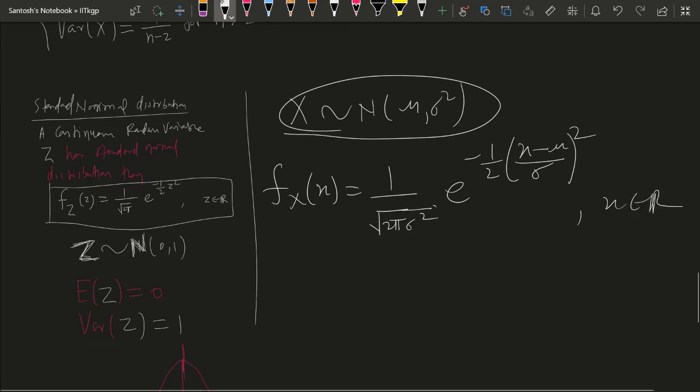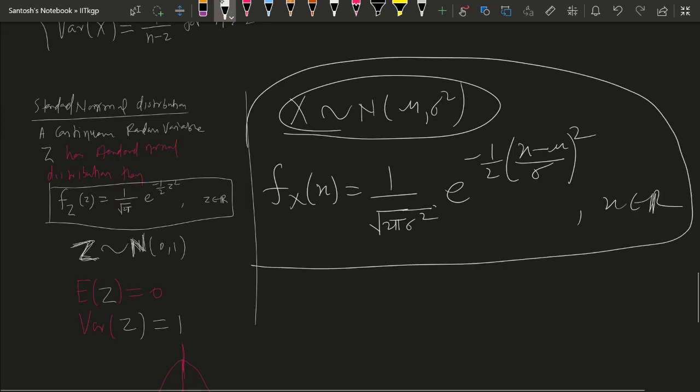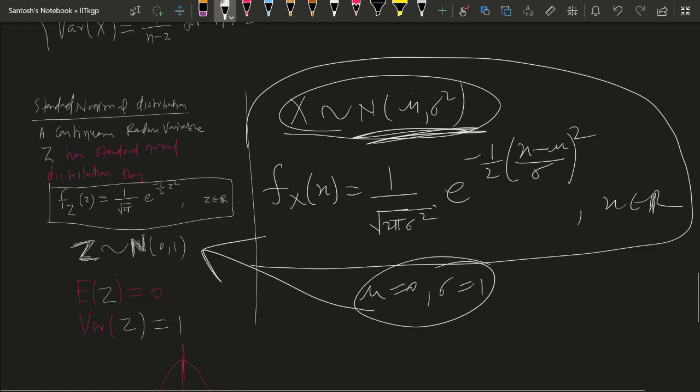X can be any real number. When mu is 0 and sigma is 1, it becomes standard normal. In case of normal, mean is mu and variance is sigma square.